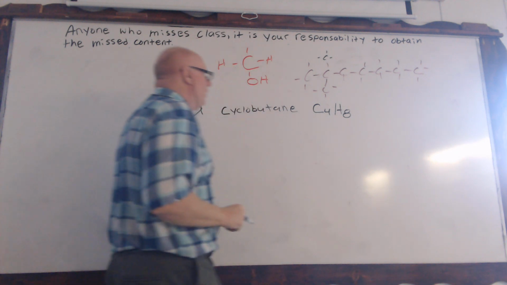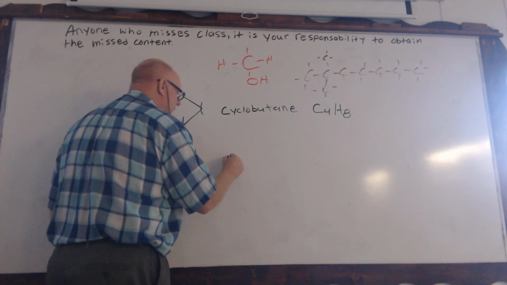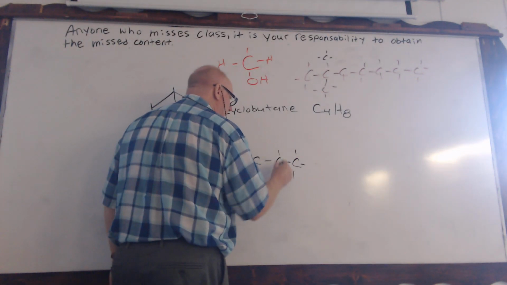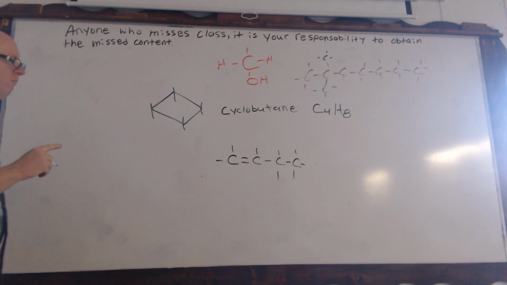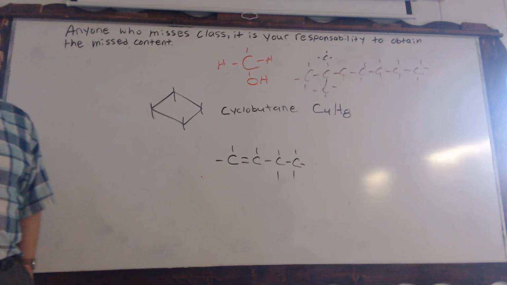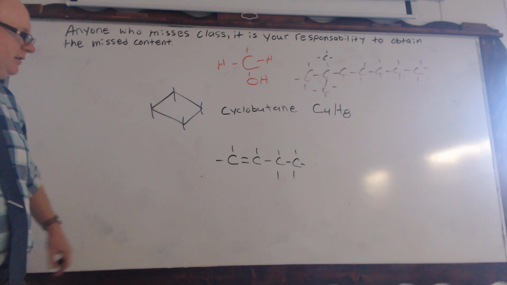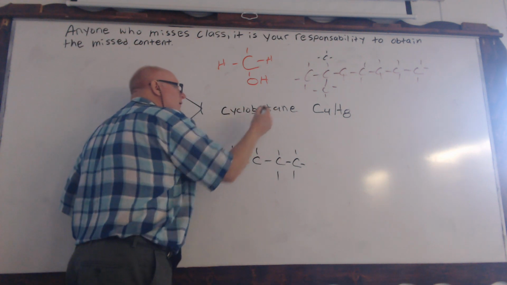Because now, if we did something like this, and we haven't covered this yet, but maybe from prior knowledge, what would that compound be called? It's butene, because the same pattern follows. You've got this, okay?